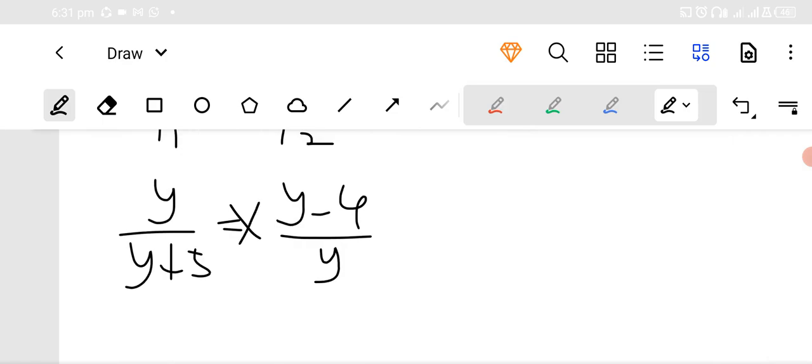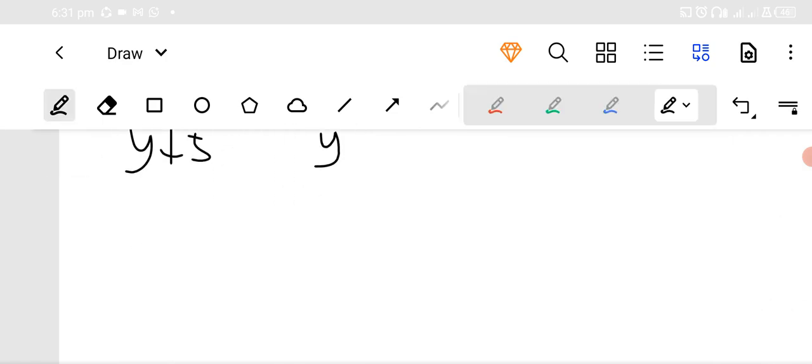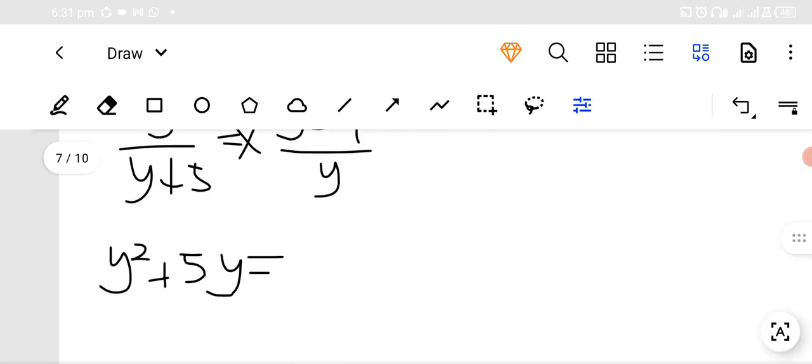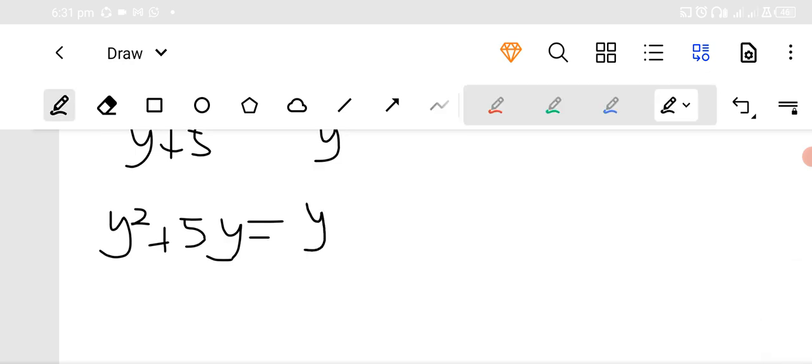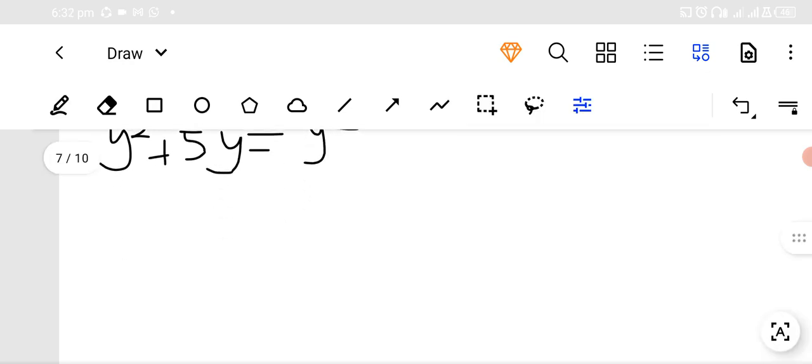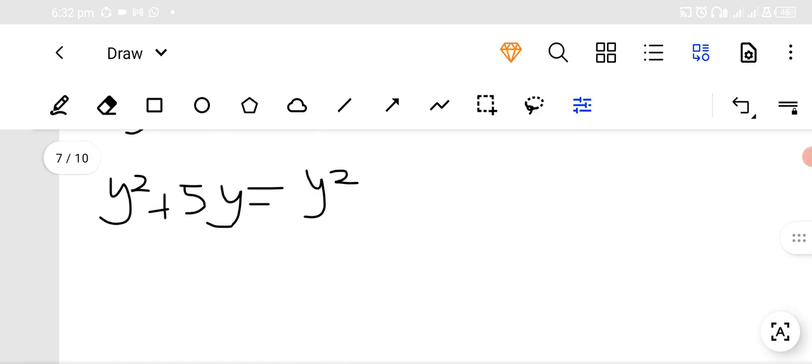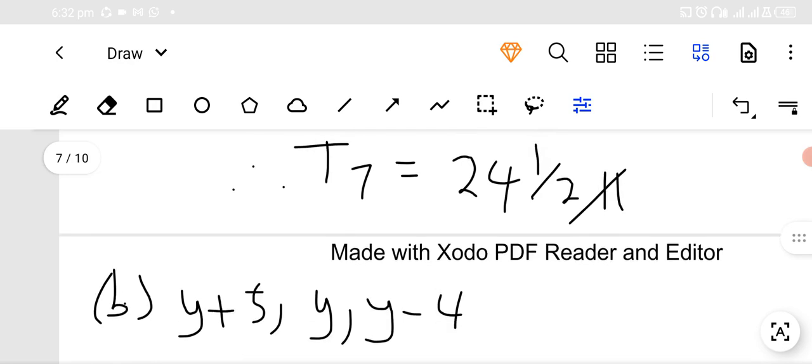You cross multiply. It's going to be y multiplied by y plus 5, so y squared plus 5y is equal to y squared.